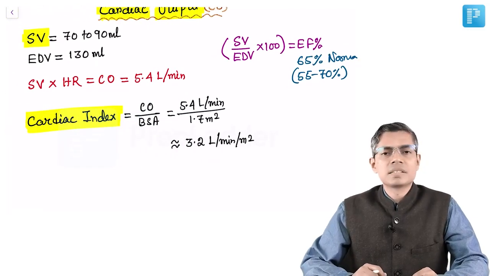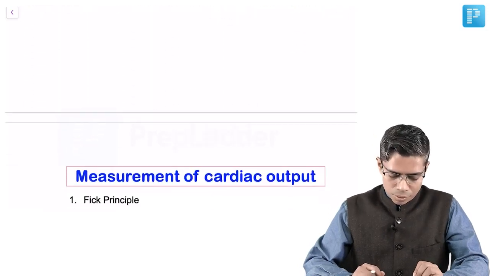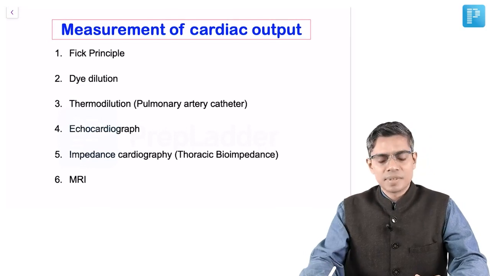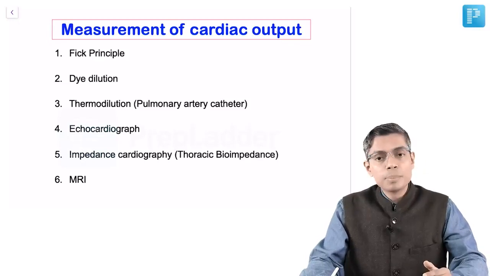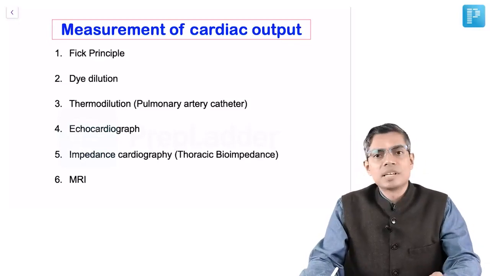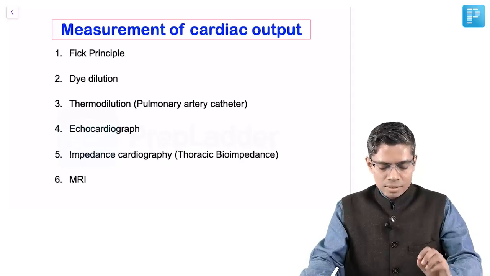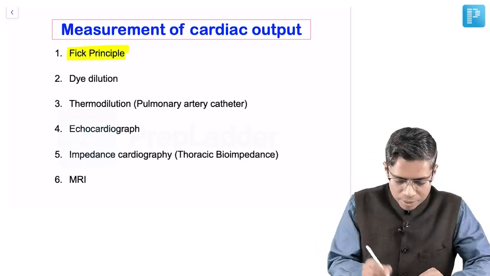Now next discussion is how to measure the cardiac output, right? So I want to measure the cardiac output. There are various methods, as you can see over here: Fick's principle, dye dilution, thermodilution, echocardiography, impedance cardiography, as well as MRI. Many methods are written here. So what we have to remember for our MCQ purpose is that first, the number one method, that is the Fick's principle method.